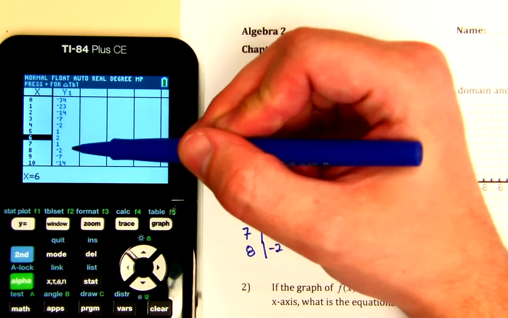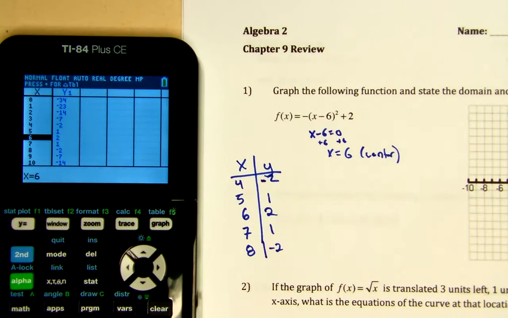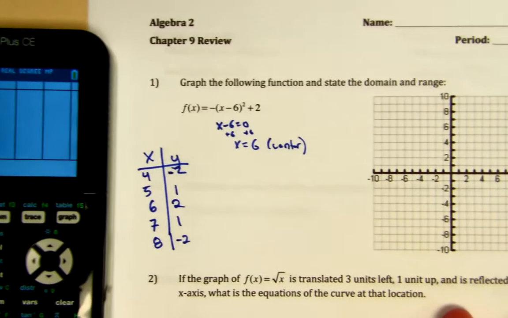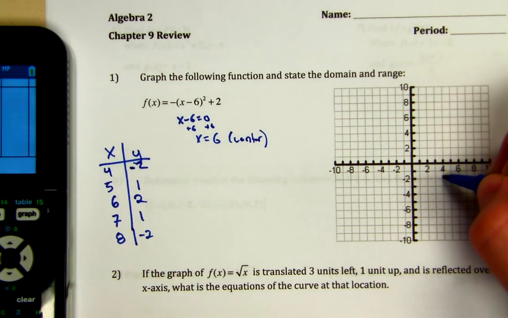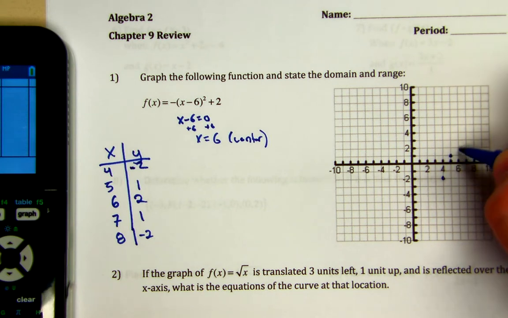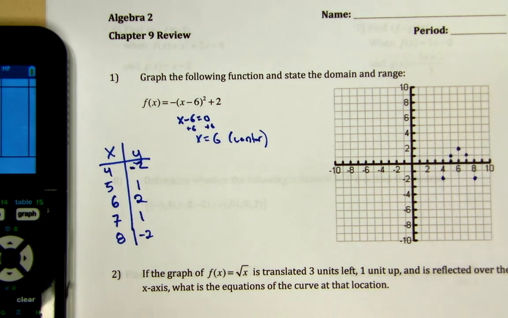Again, I'm just grabbing the center of my table here. And now I just need to plot those points. So I have 4, negative 2, 5, 1, 6, 2, 7, 1, 8, negative 2. And finally, put that U shape in there.